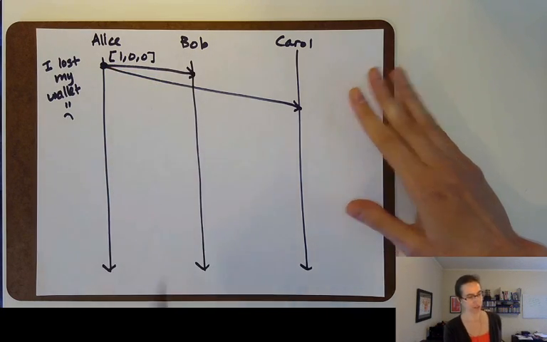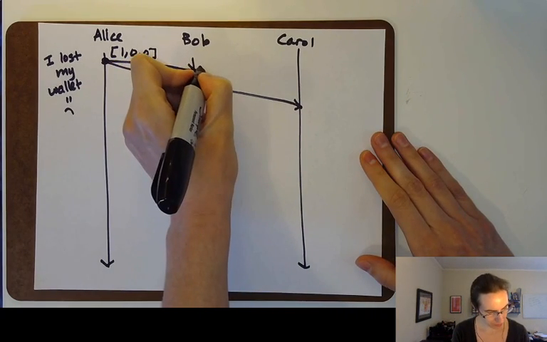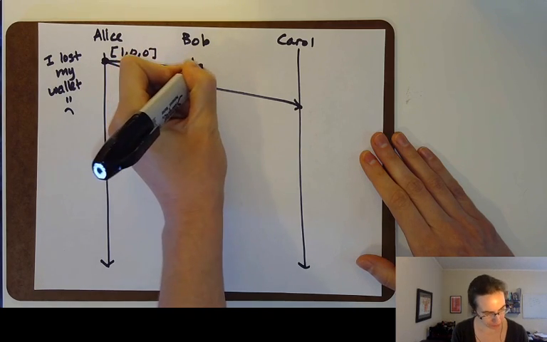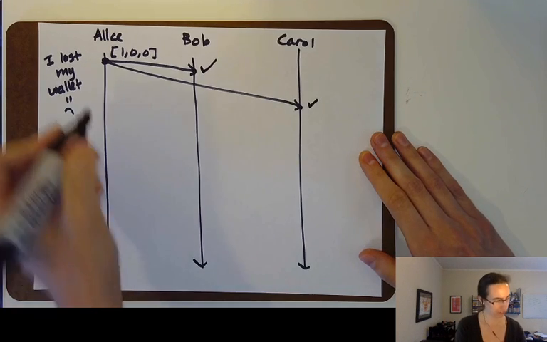Is this message okay to deliver when it gets to Bob? Sure. So it gets delivered at Bob. It's also okay to deliver at Carol. Alice sends another message.